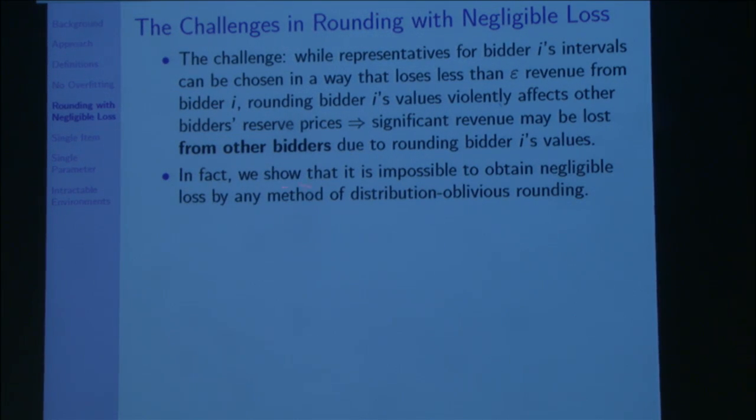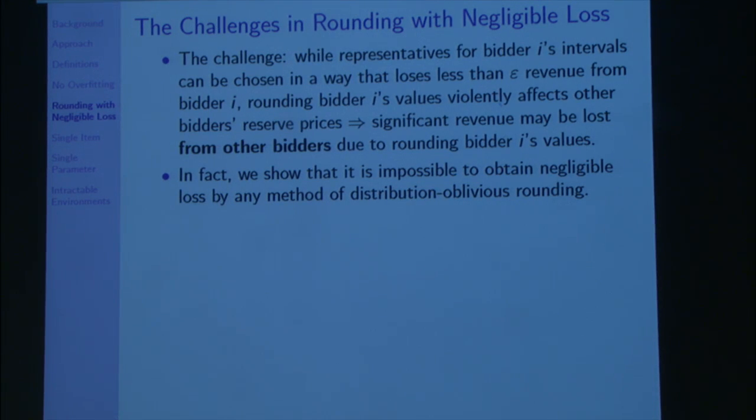And in fact, due to this reason, we show with a concrete constructed example, talking about your previous question, that it is impossible to obtain negligible loss overall by any method of distribution oblivious rounding. What do I mean by distribution oblivious?